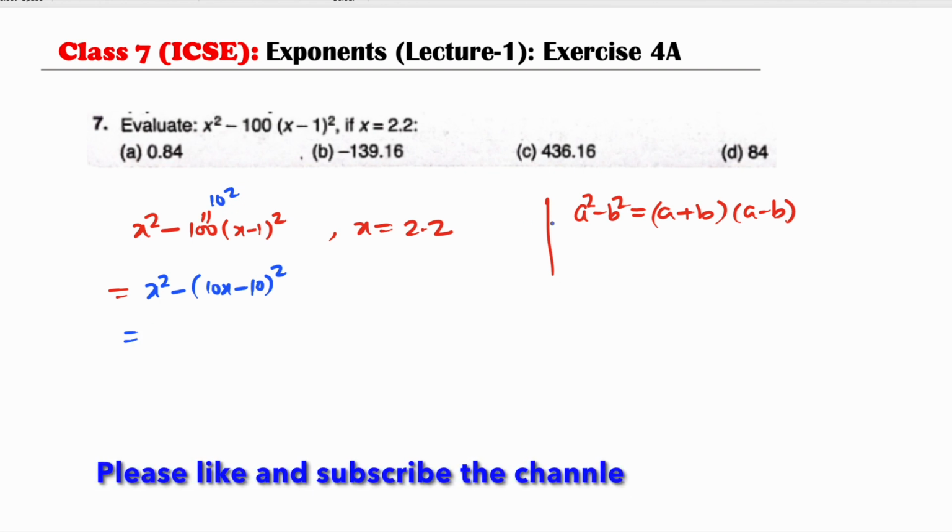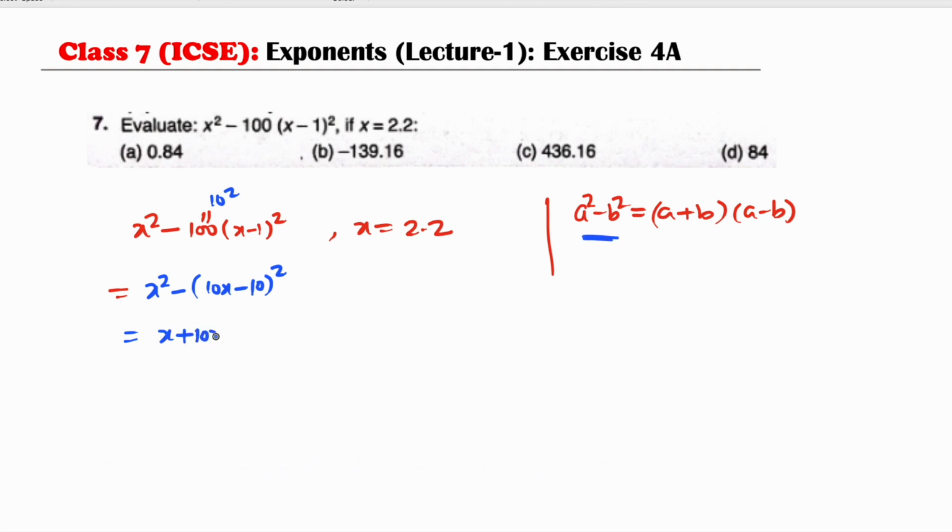Now add these two numbers using this formula. So x plus 10x minus 10 into x minus 10x plus 10. First we add these two numbers, then we subtract. This is 11x minus 10 and this is minus 9x plus 10.